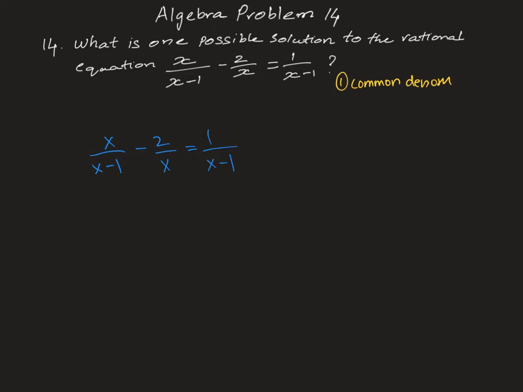I'll show you. Right here we have x minus 1, x, and x minus 1. The x minus 1s are common, but the middle term, minus 2 over x, doesn't have an x minus 1.